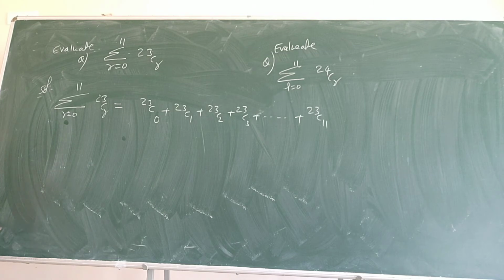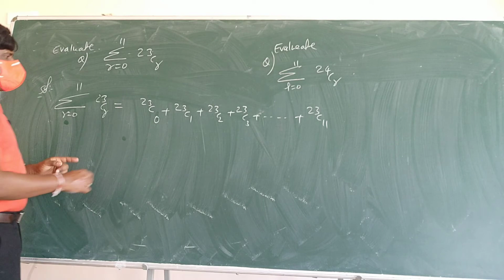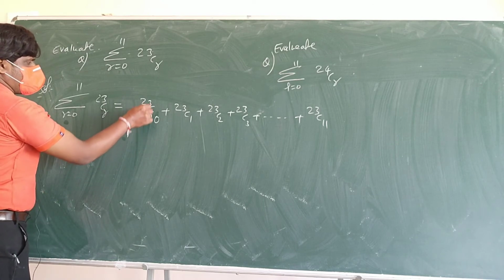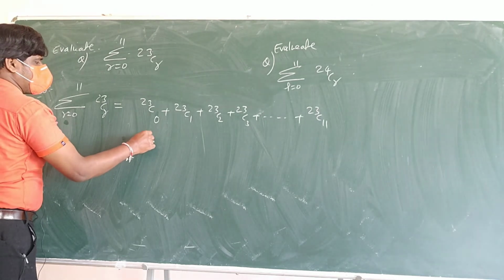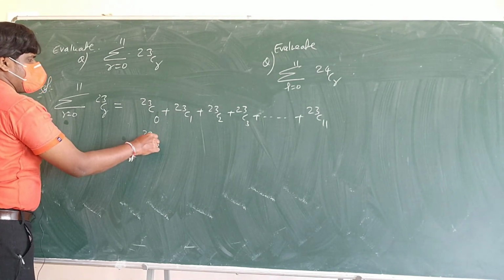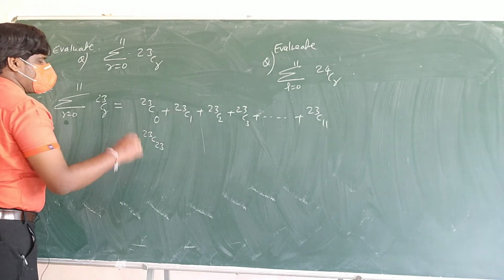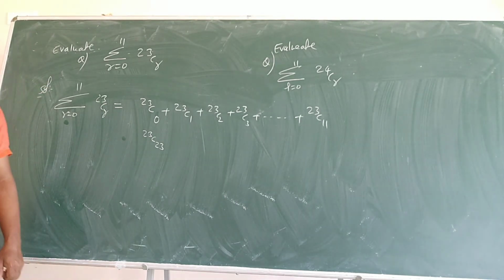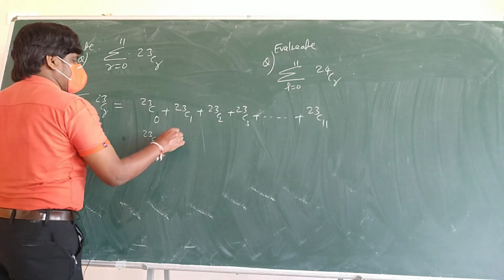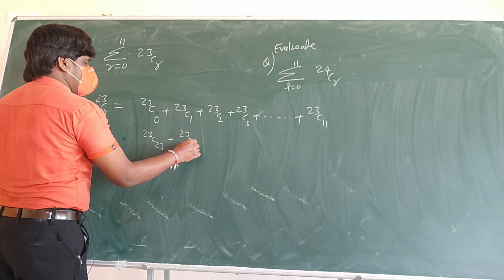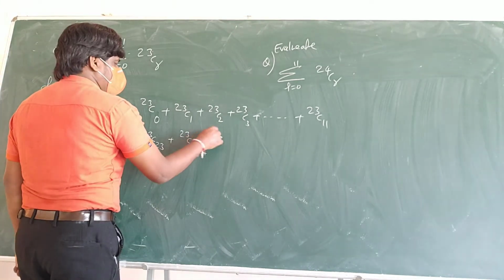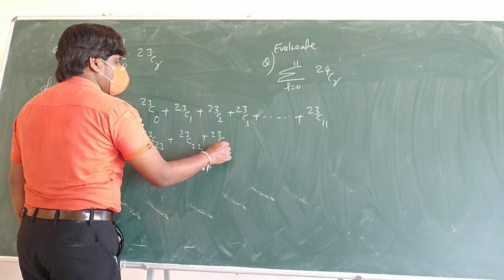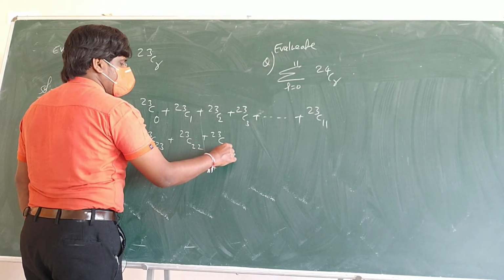Now what do we do here? I want to find this whole value. So 23 C0 can be written as 23 C23, and this can be written as 23 C22, and this can be written as 23 C21.